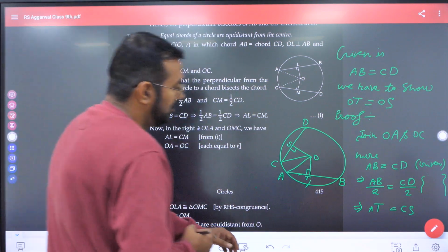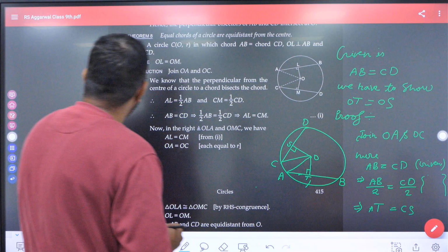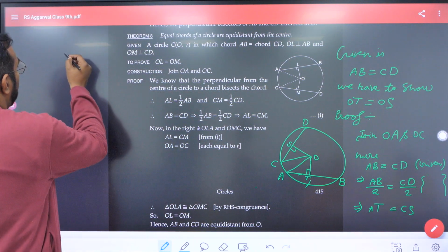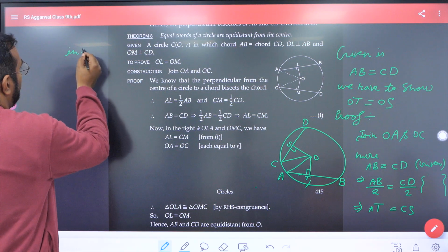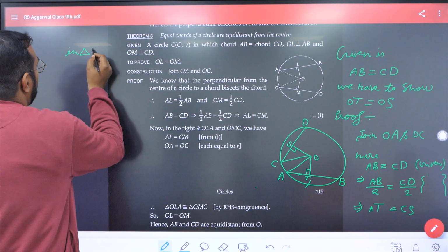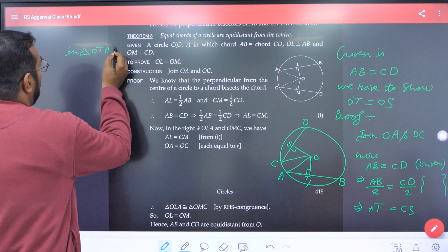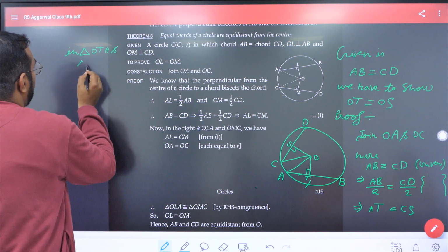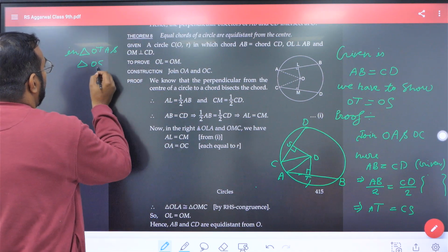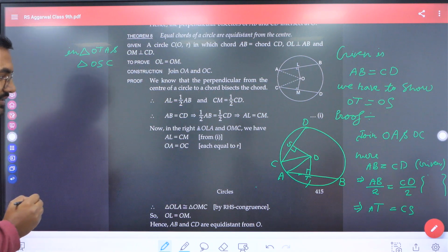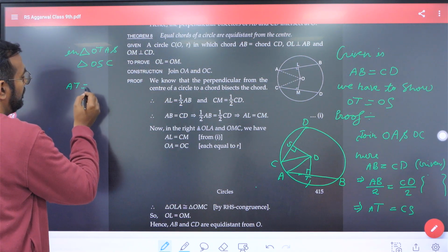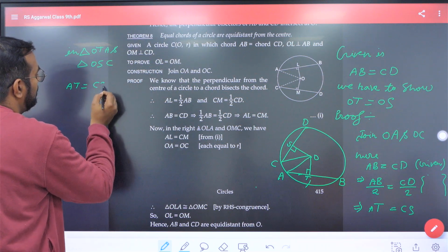Now, the further part of this question, I will do it here, okay? Now, in triangle OTA and triangle OSC, AT is equal to CS.